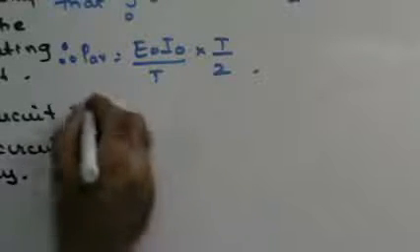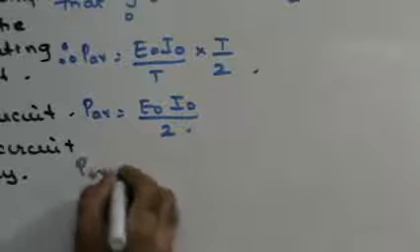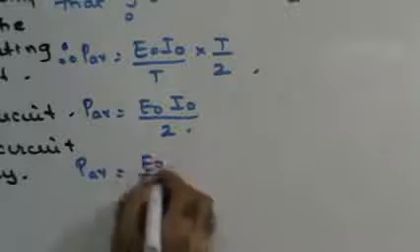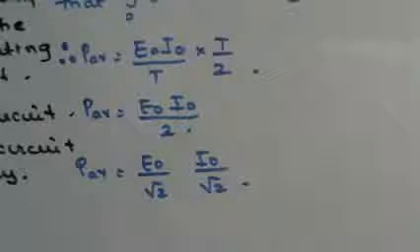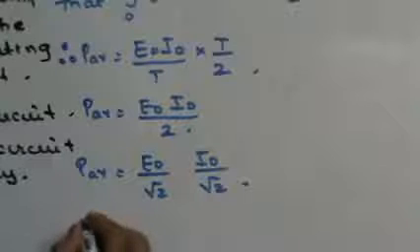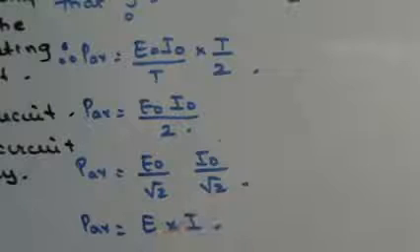right? So in that case I can therefore say that P average is E0 I0 upon 2, but 2 can be written as root 2 into root 2, so that's E0 upon root 2 into I0 upon root 2, but E0 upon root 2 is nothing but RMS EMF, so P average is E into I. So the average power in the circuit is RMS value of EMF into RMS value of current, right?